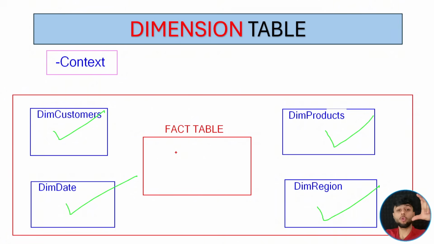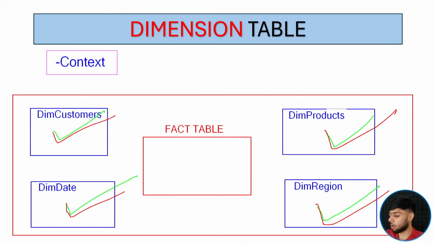But if we want to add context to those numeric values or those metrics, we need to create dimension tables, and we just need to apply aggregations on these contexts. That's it. That is why all the contextual information will go to dimensions, and only the numbers will be here. Revenue, sales, number of orders, cost, everything.